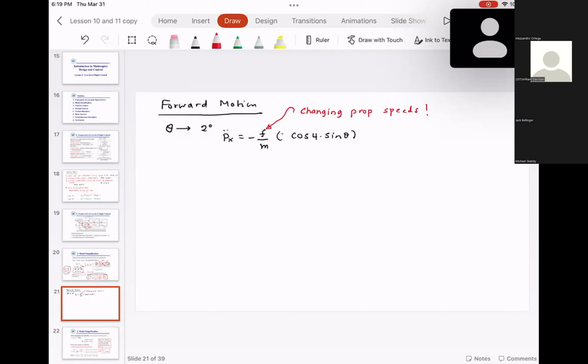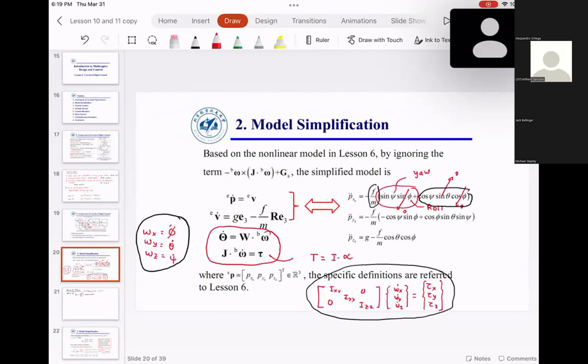Now, the story doesn't end there, because as soon as I make my theta equal to 2 degrees, recognize what happens here. My roll is basically 0, but still I get an undesired effect from this term which is appearing in the equation.